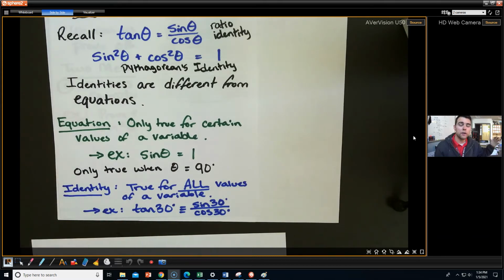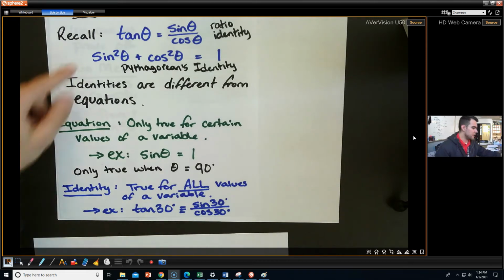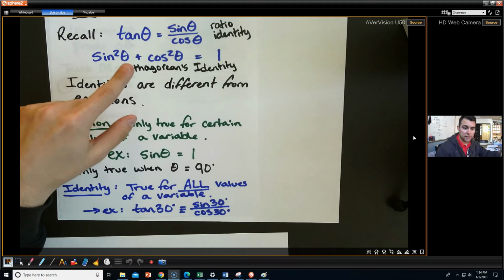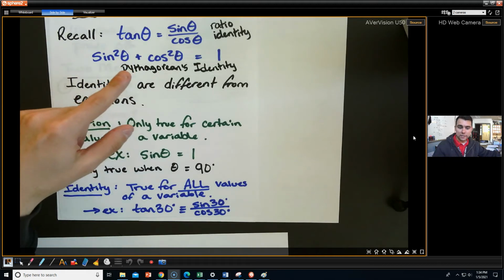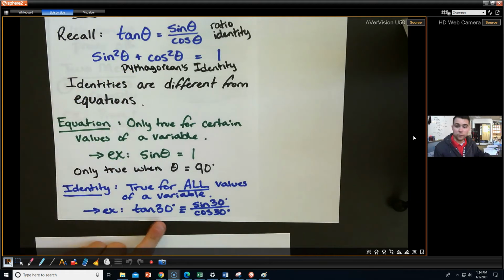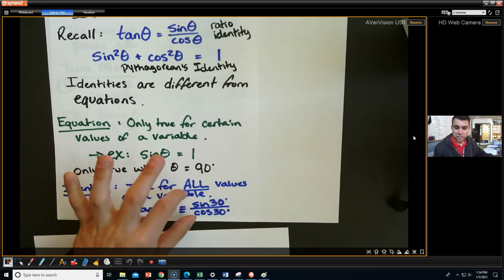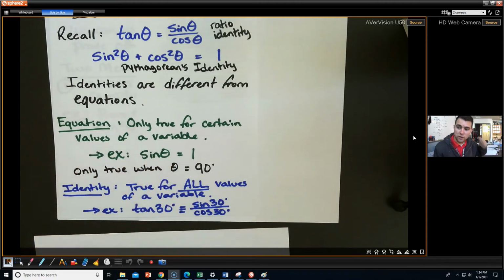Identities, on the other hand, are always true for all values of a variable. So taking our ratio identity up here, it's an identity. That means if I plug in the angle 30 degrees, it's going to be true no matter what. No matter what I plug in here, it's going to spit out something that is true always.